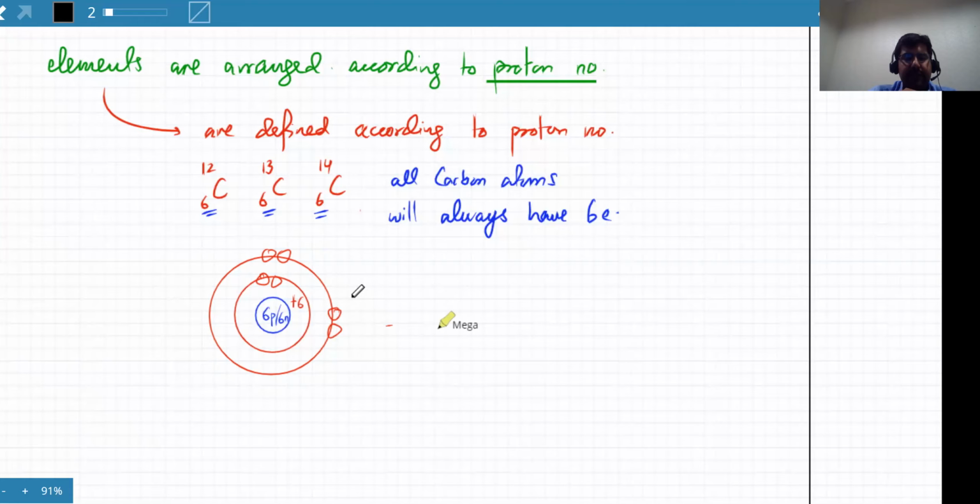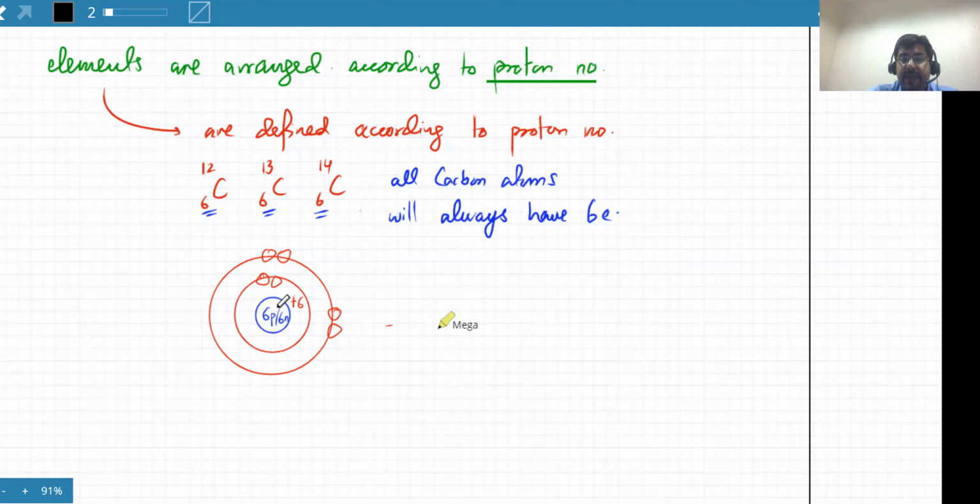The number of electrons can also be lost and gained. So every atom is defined by its nucleus, not the neutrons. The neutrons can go up and down. We don't really care because the neutrons aren't really doing anything. The positive charge of the nucleus depends on the protons.